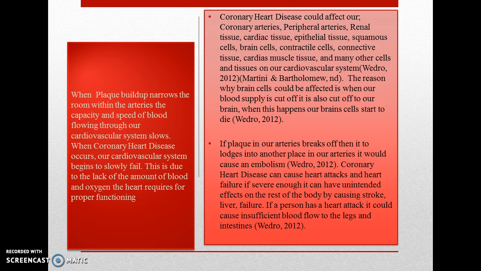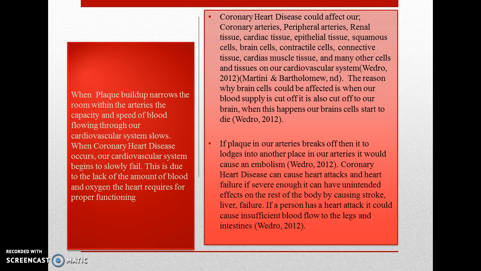The reason brain cells could be affected is that when our blood supply is cut off, it is also cut off to our brain. When this happens, our brain cells start to die. If plaque in our arteries breaks off, it lodges in another place in our arteries. This can cause an embolism.